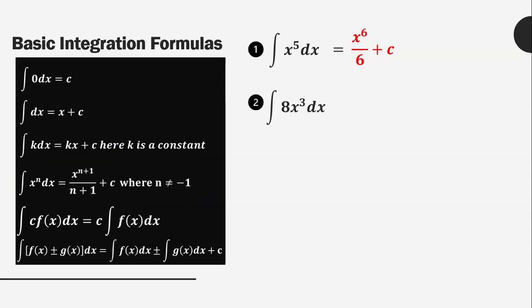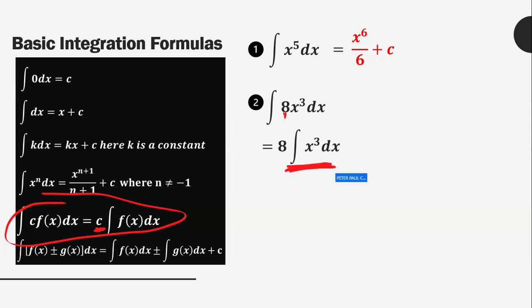I hope you understand this one. Number 2, the integral of 8x cubed dx. So we will apply this rule. The constant value 8 will appear before the integral sign. So that becomes 8 times the integral of x cubed dx. And then using this one, we can apply the power rule again.